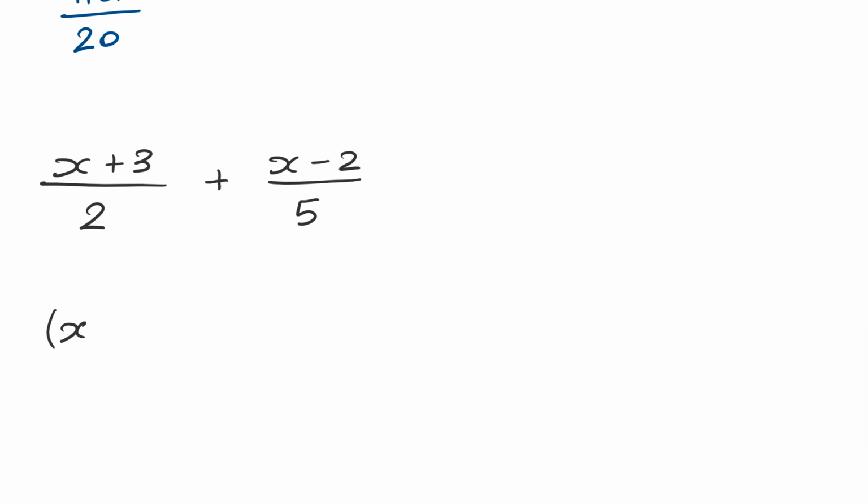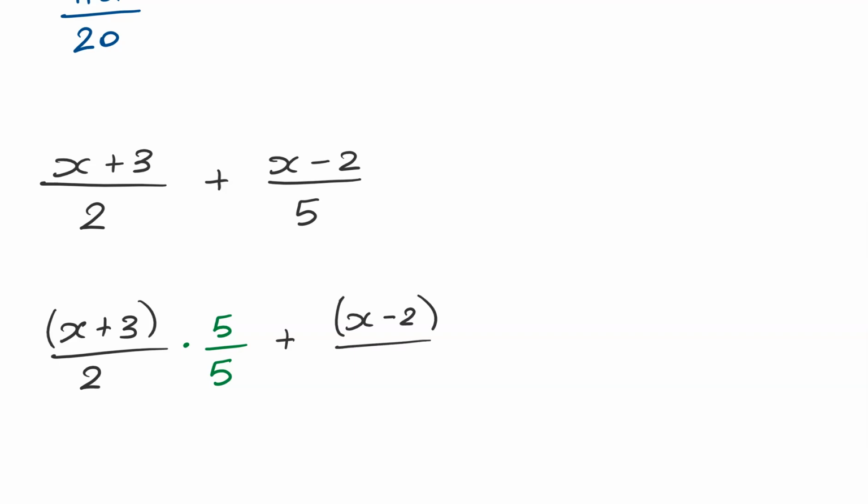I'll just put brackets around this, x plus 3 over 2, and I'll multiply this by 5 over 5, because you want to get a common denominator. All right, we get plus x minus 2 over 5, and I'll multiply this with 2 over 2.